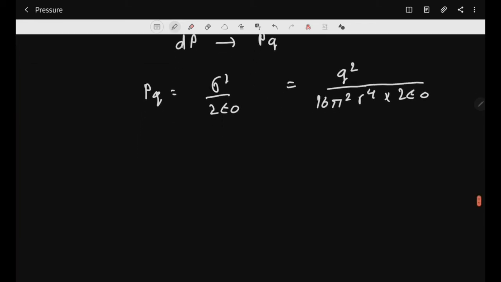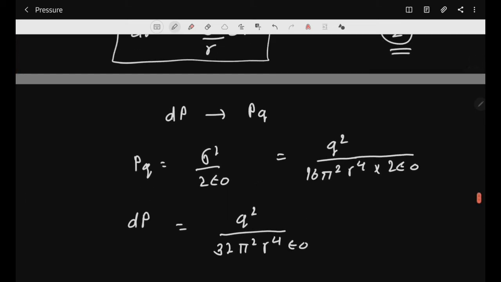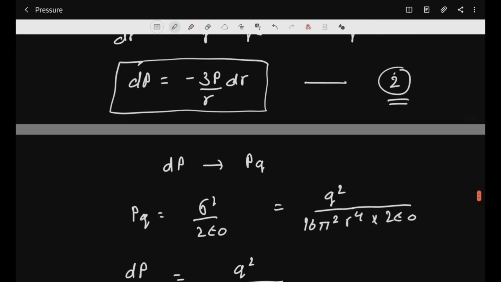If we multiply this, then we will get q square divided by 32 pi square r raised to 4 into epsilon naught. This is the pressure due to the charged particles, and this is also the differential pressure. Now we have found the equation for differential pressure.